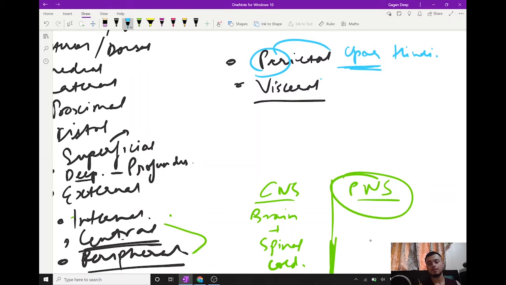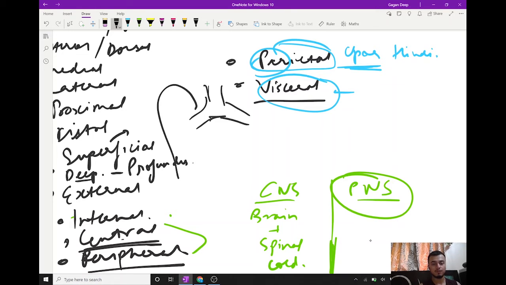Visceral will be anything a little deeper, you can say. These terms are used to define a layer, a wall of a cavity or an organ. If we talk about, say, lungs over here, I'm gonna draw a rough diagram of lungs.